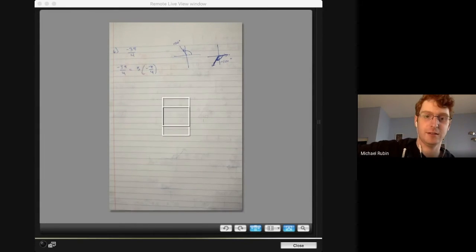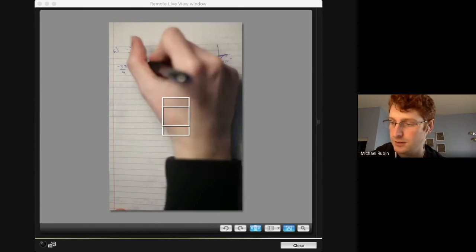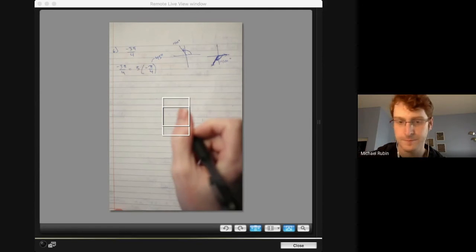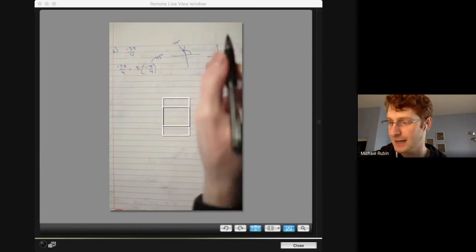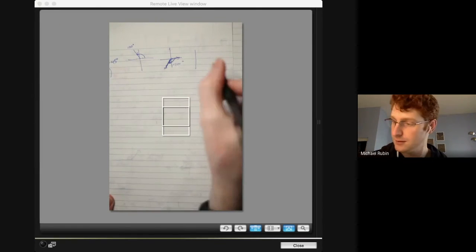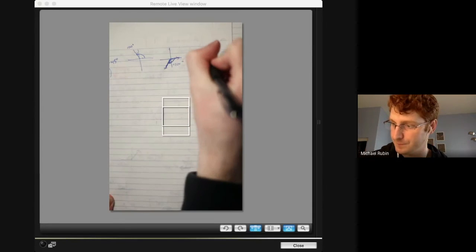Adjust the focus here. But pi over 4 is the same as 45 degrees, and 45 degrees is half of 90. I think we all know that if you've got a 45-degree angle over here, it looks like that.